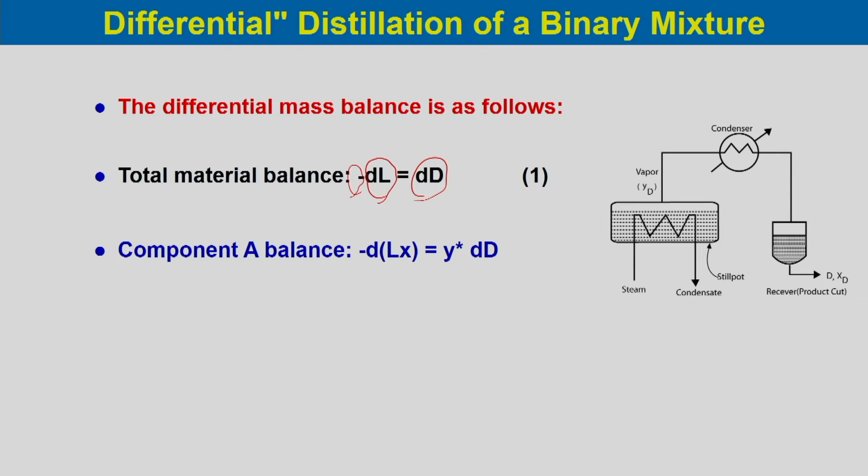So, the component A balance, we can write: minus d(Lx) would be equal to y star dD. From here we can write: minus L dx minus x dL would be equal to y star dD.